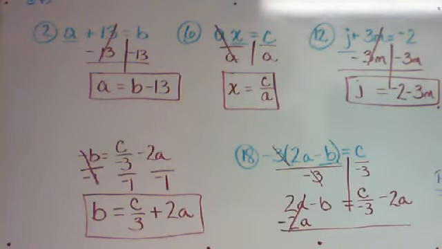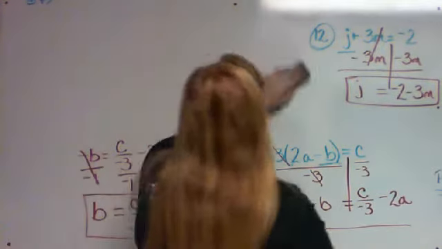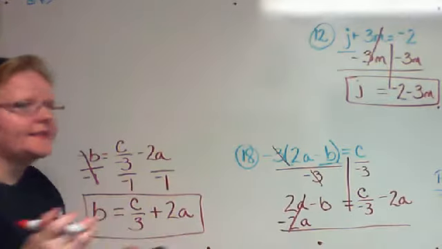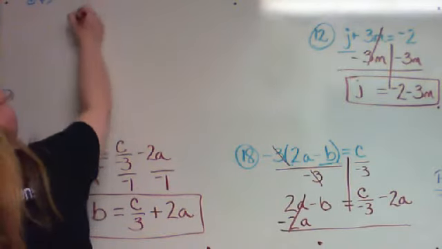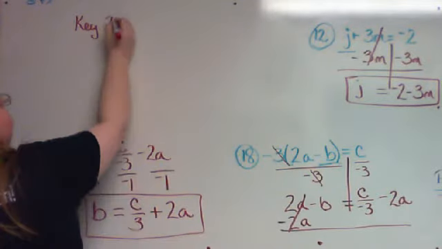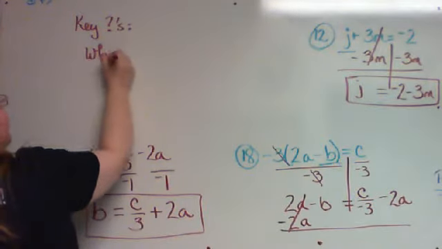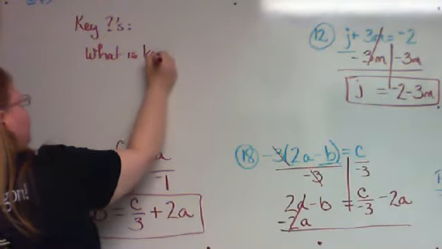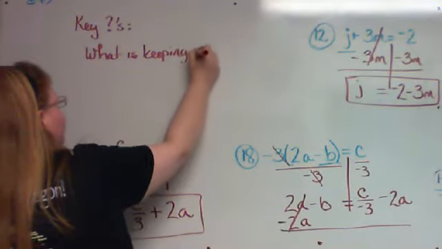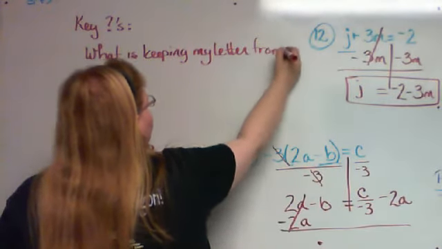Those are all the examples I'm going to do, but there were some key questions I kept asking over and over again. And those are the key questions you need to always ask yourself. You don't have to write down answers to these, but these are the key questions. What is keeping my letter from being by itself?